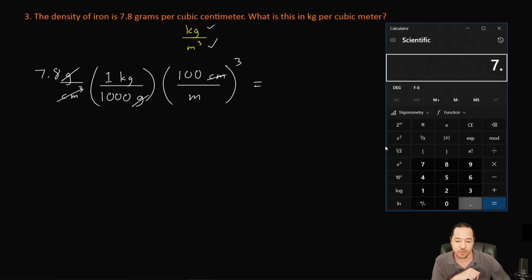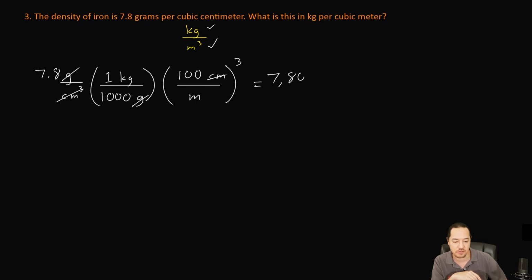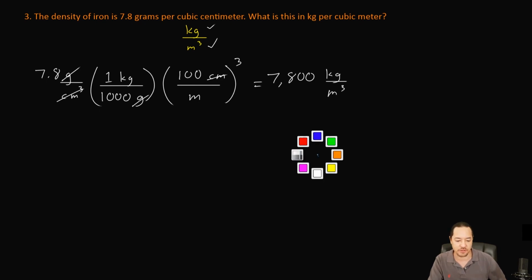We've got 7.8 times 100 cubed. I'll just times 100 times 100 times 100. And that's all divided by 1,000, which gives 7,800 kilograms per cubic meter.